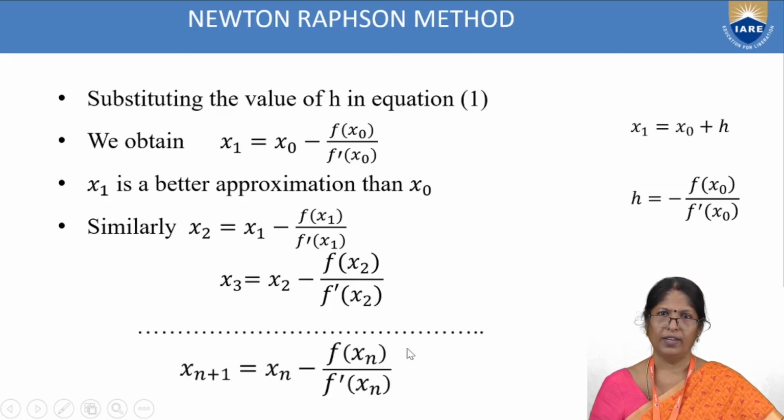So on, xn plus 1, it's nothing but 1 less. Here n plus 1, so 1 less means n. That is xn minus f of xn by f dash of xn.